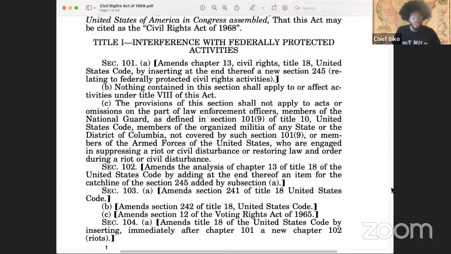I definitely want to pause there because that's very important. It's basically saying that these provisions that are going to be read within this title do not include, or these select few groups don't have to abide by what's going to be laid out within this title.